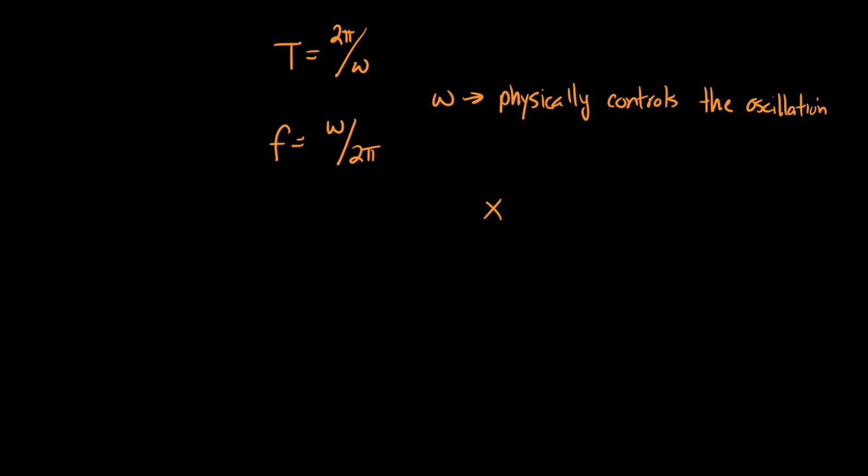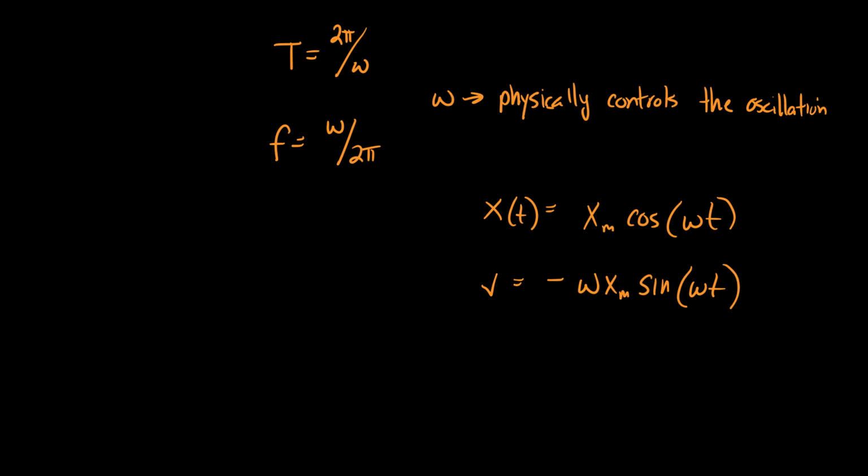Position is always going to be X max times the cosine of omega t. The velocity is always going to be minus omega times the max displacement times the sine of omega t. And acceleration is always going to be minus omega squared times X max times the cosine of omega t. This is always going to be true. These are all the things that control the oscillation.